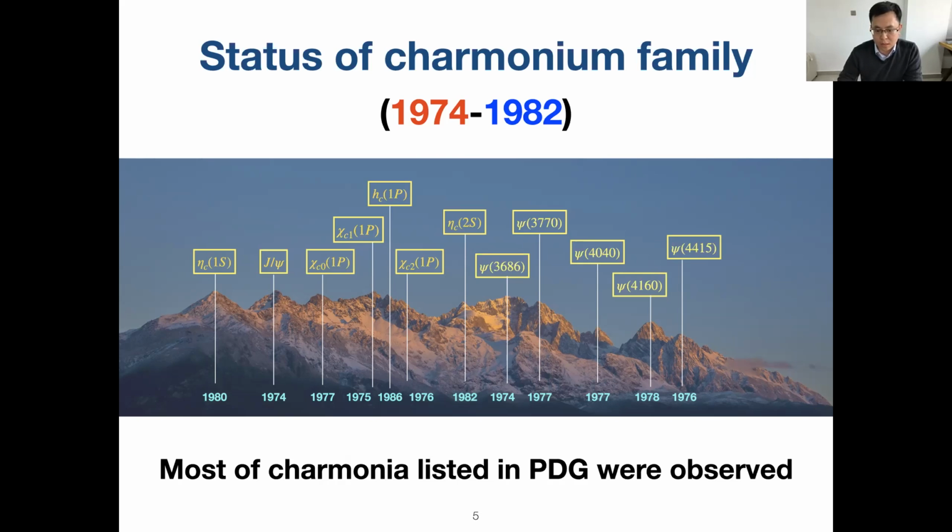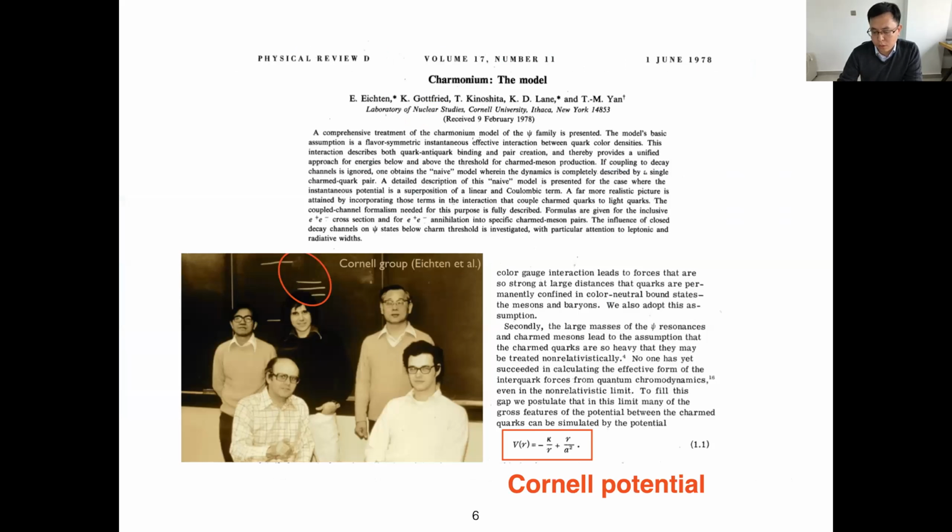In this slide, I list these charmonium-like states. For describing the mass spectrum of these states, the Cornell group introduced the Cornell model. In this model, they proposed a potential, the Cornell potential, to describe the charmonium family.